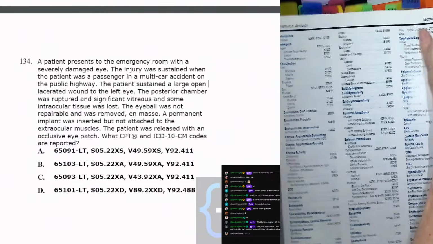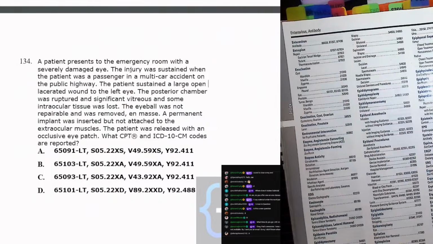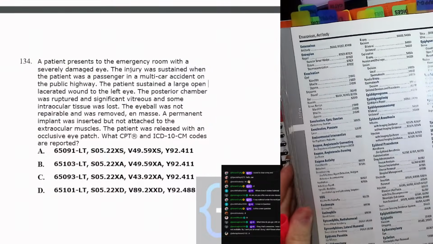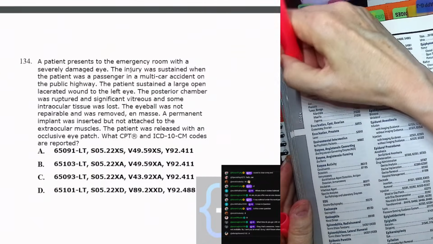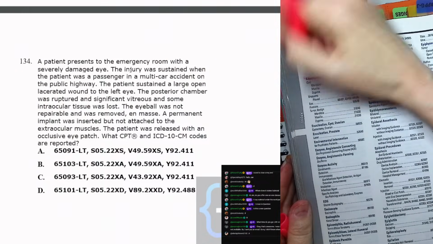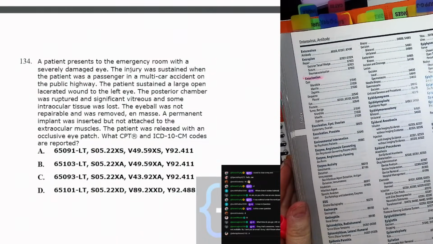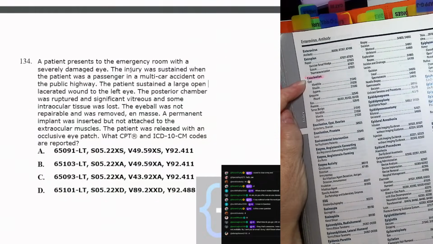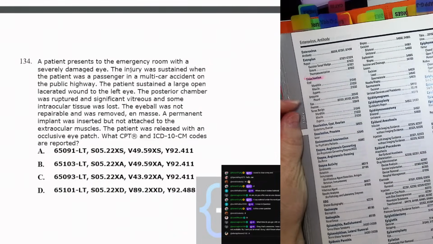So if we go to enucleation, I'm in the AMA CPT index, page 1164. You'll find the word enucleation. We need to know, was it a cyst?